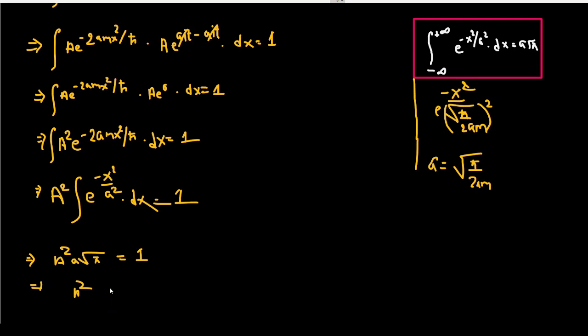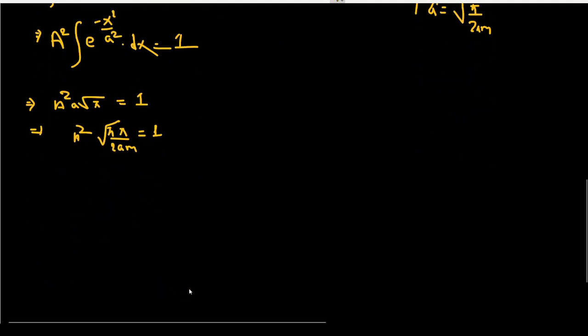So when I write it collectively, it will become root under h cut pi divided by 2am, which equals 1. Okay, so this is what the equation becomes.